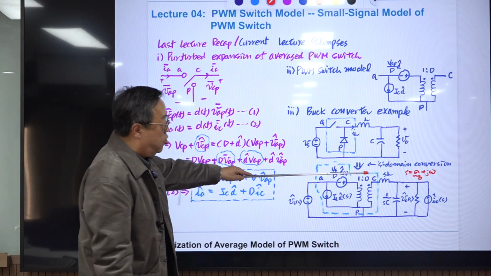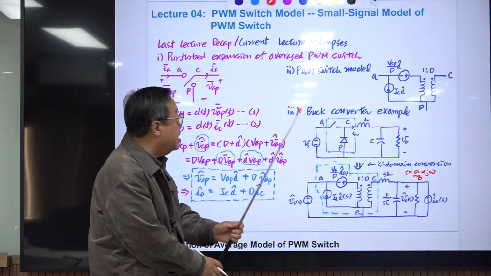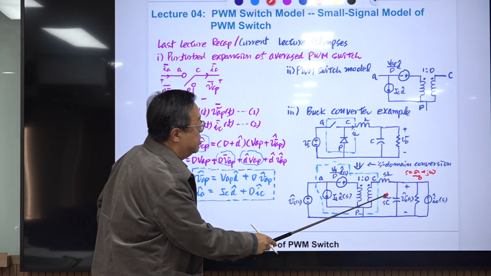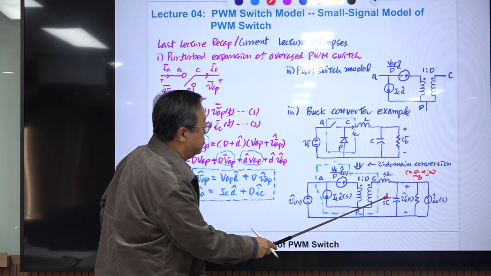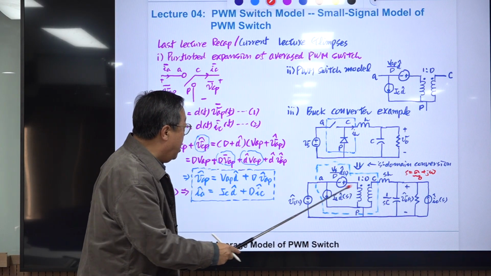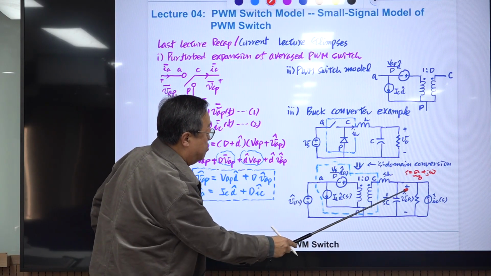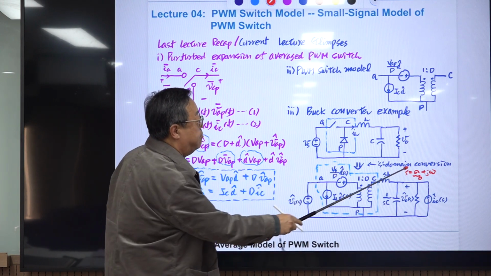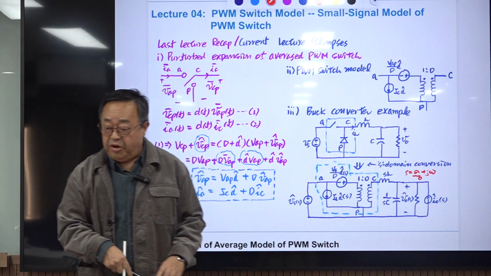So this is the s-domain or frequency domain model, and simply L is replaced with sL, and the capacitor C is replaced with 1 over sC, and we have s everywhere. We use the notation s, implying this complex variable.